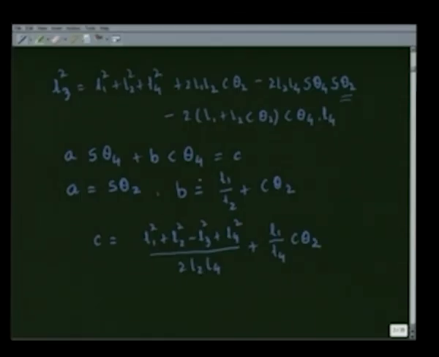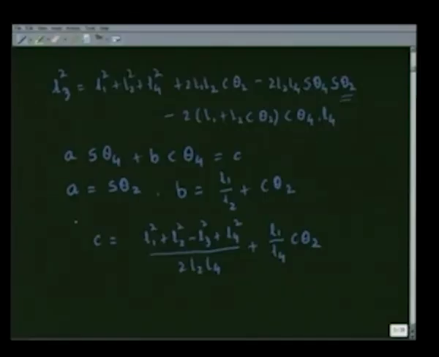So we see if theta 2 and all the link lengths are given, these quantities A, B and C are completely known, and the only unknown is theta 4, which has to be solved.